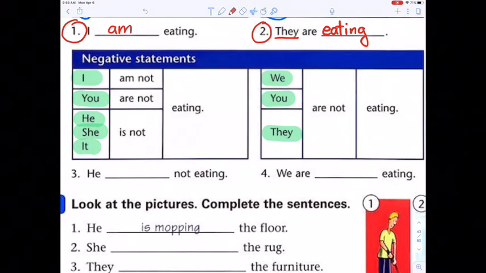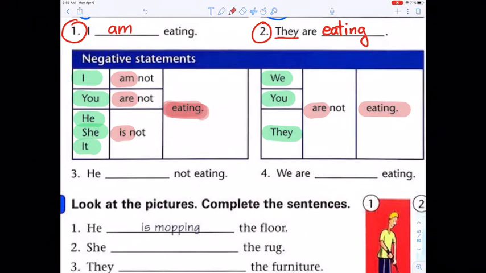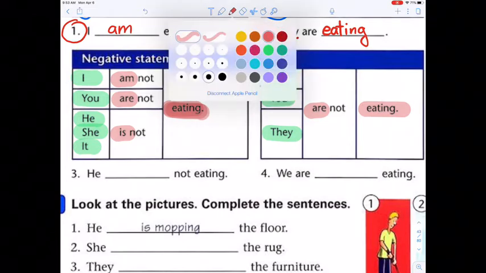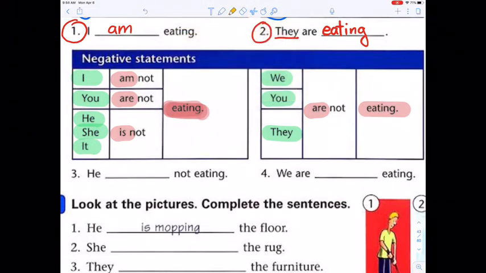We need am eating, are eating, is eating, are eating. That's how we make something positive. But how do we make it negative? We need to add not.